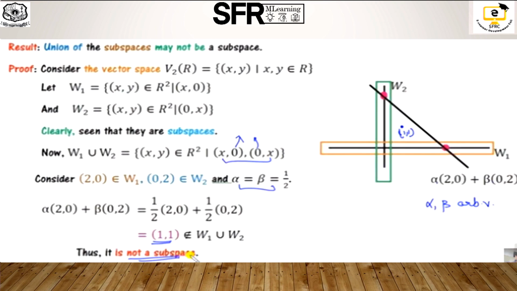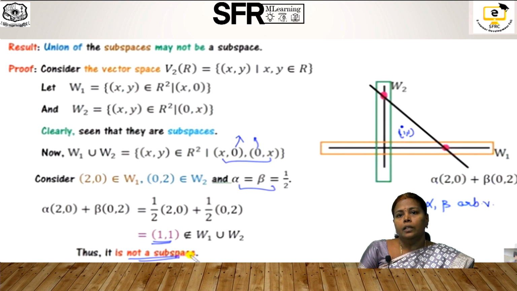Next slide. Here we have the next result, that is, the union of two subspaces need not be a subspace. From this figure we have two lines, one along the x axis and one along the y axis. These two lines do not pass through the origin.